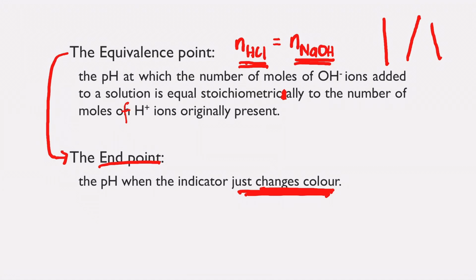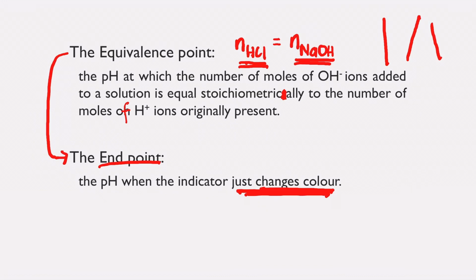How do you know? When you use phenolphthalein, there is a pink hue that appears and disappears. That means you are nearing your endpoint. It just changes colour. Alright, so that is the endpoint.